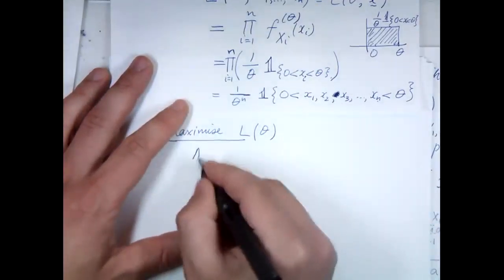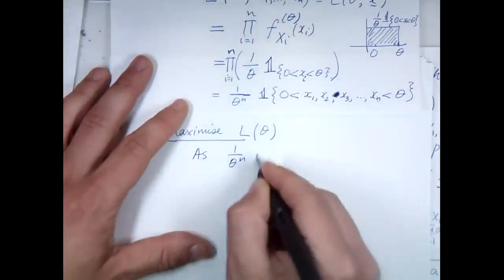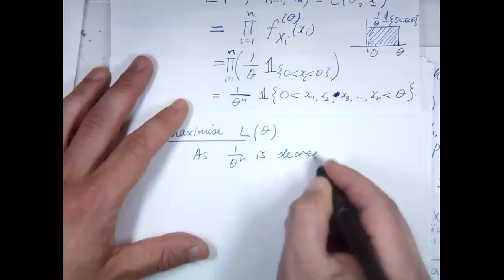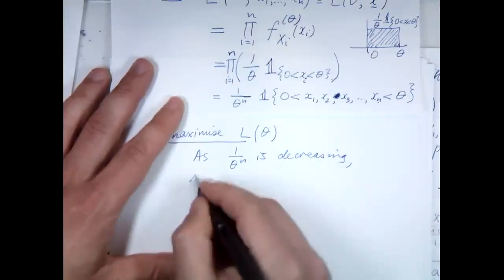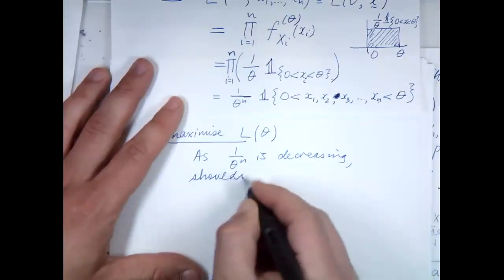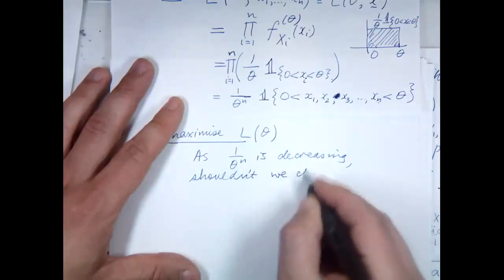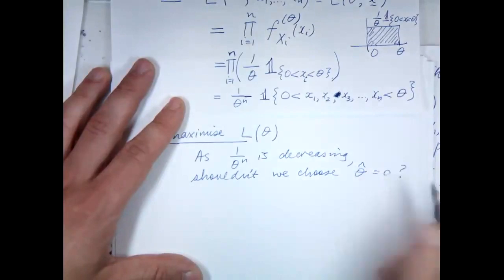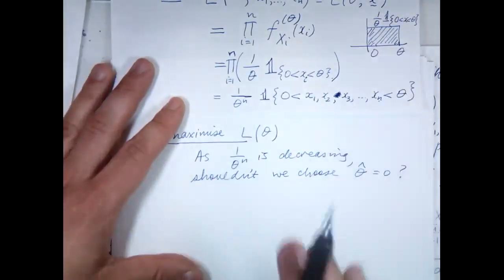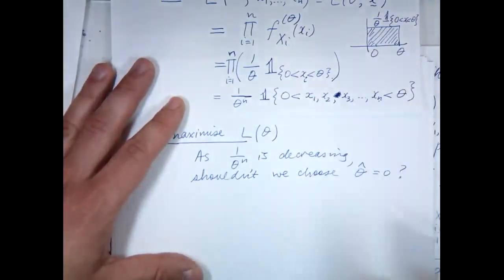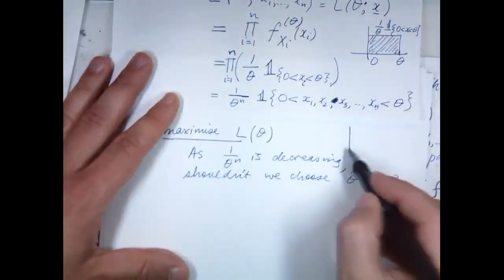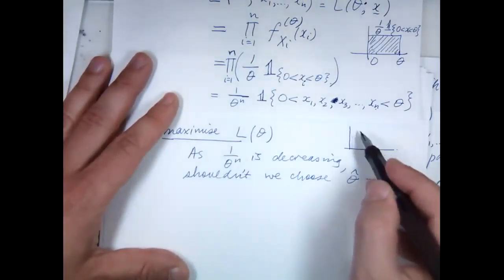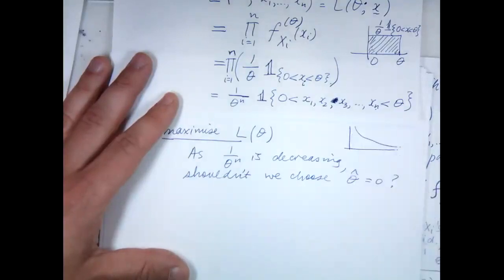As 1 over theta to the n is decreasing, shouldn't we choose theta hat equals 0? Because theta can be anything from 0 up to infinity, and this thing is decreasing in theta, so I just want to pick the maximal value. Shouldn't I just make theta as small as possible?